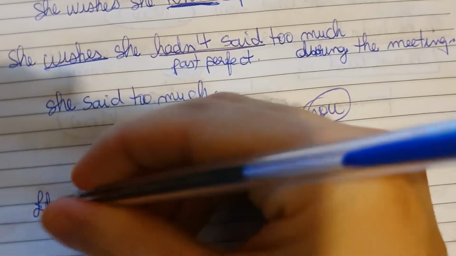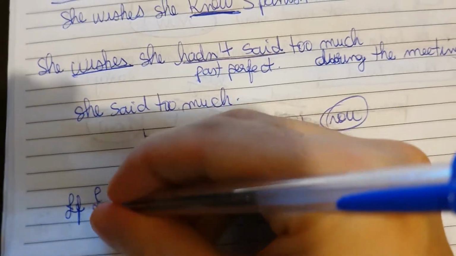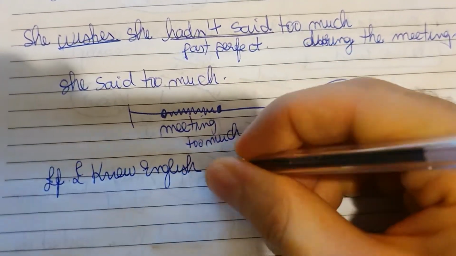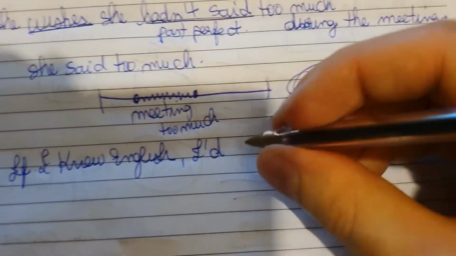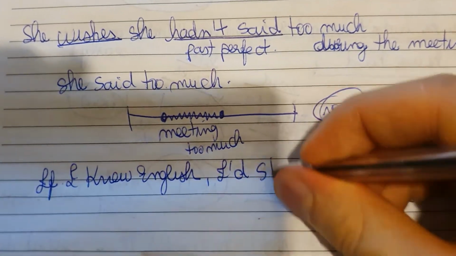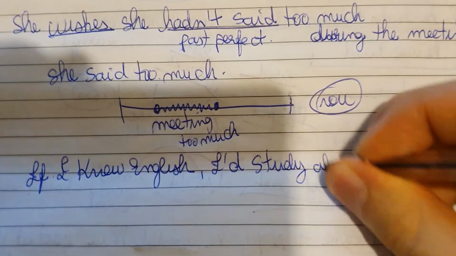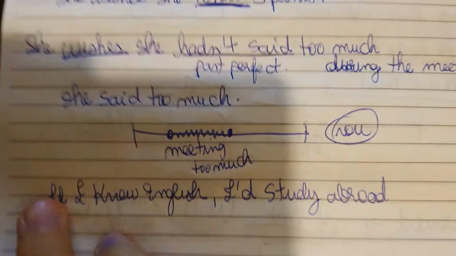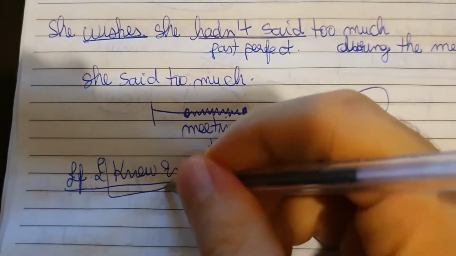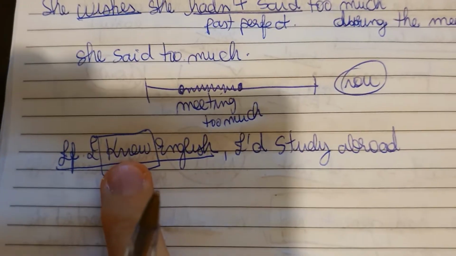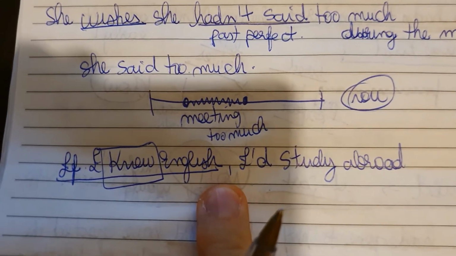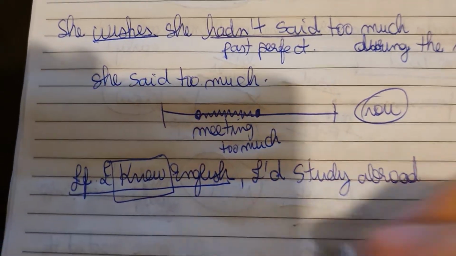When I have an if sentence, if I knew English, I'd study abroad. If part of the sentence, if it comes in the simple past, it refers to a situation now, because it means that I don't know English. Okay?